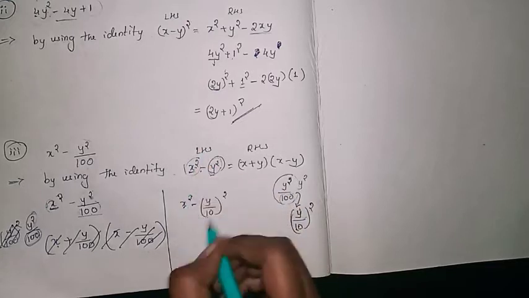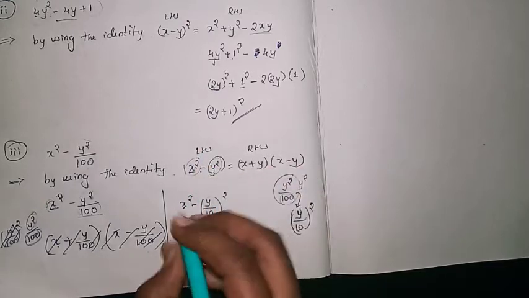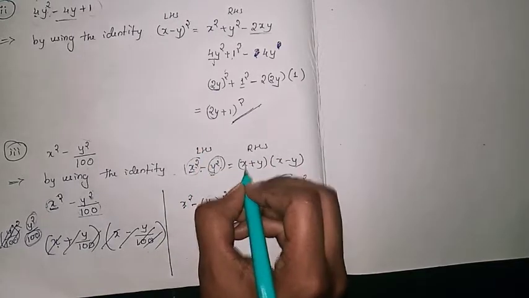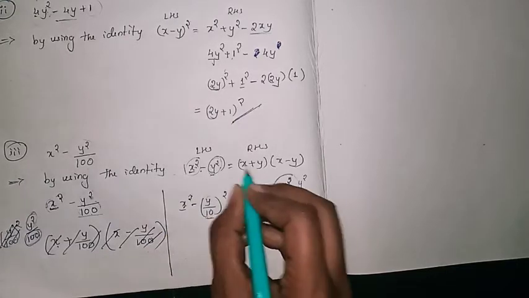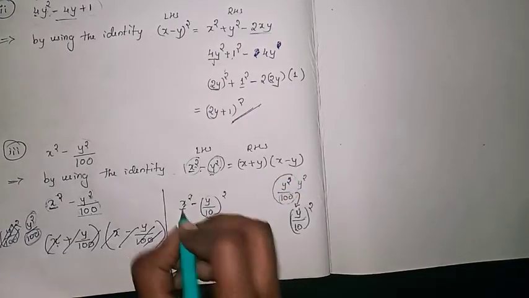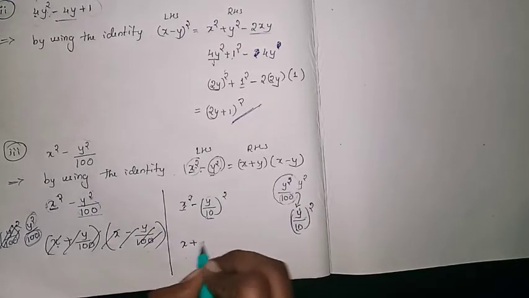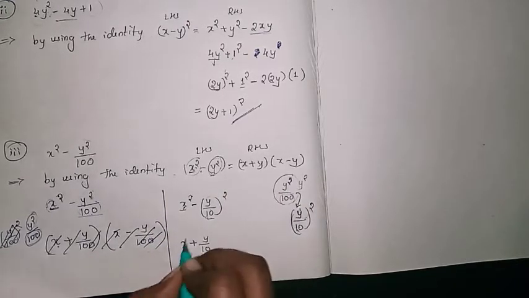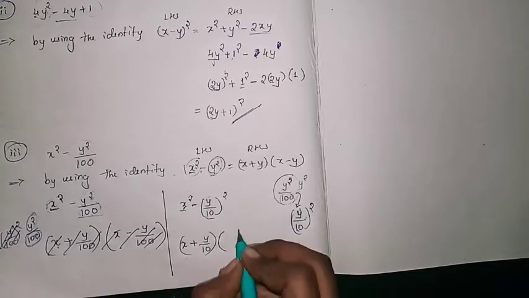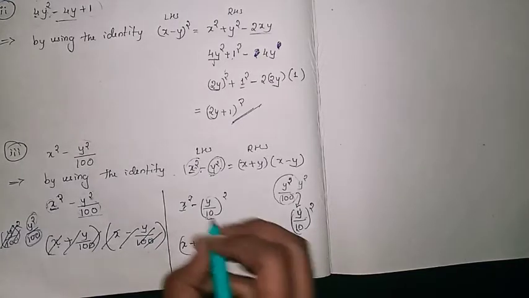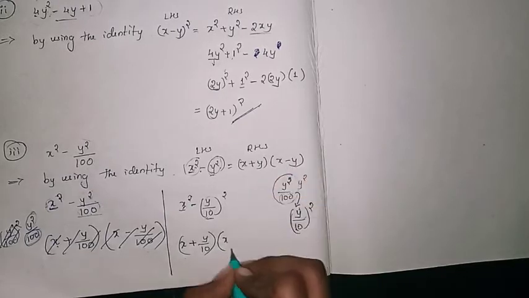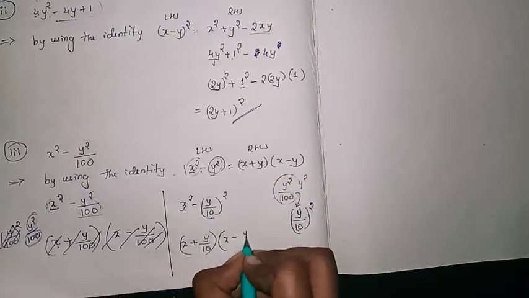Now I have to convert the LHS to the proper RHS. So what is the RHS term? x term, y term, x plus y, x minus y. So x first term plus second term, y by 10, in the bracket, another in another bracket, x minus, so y term, y by 10.